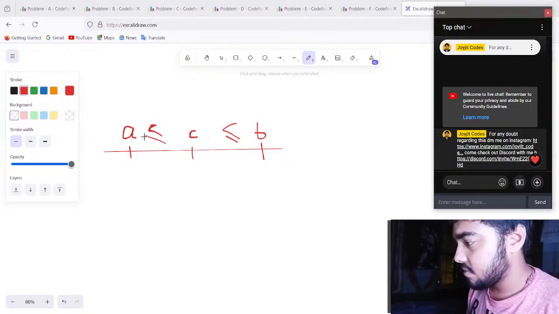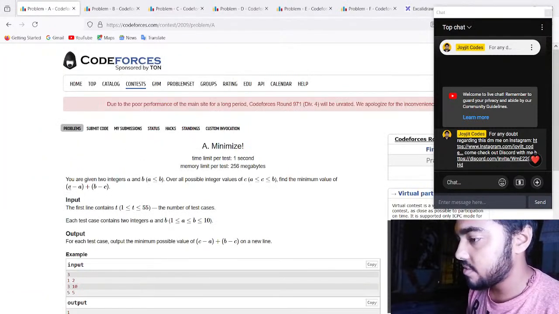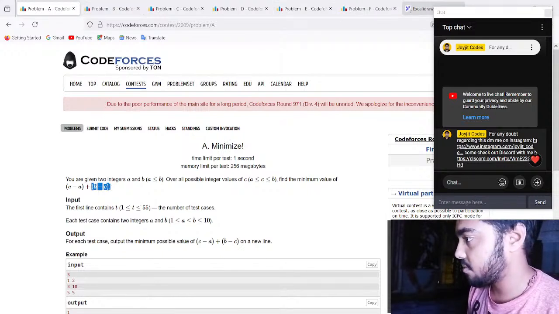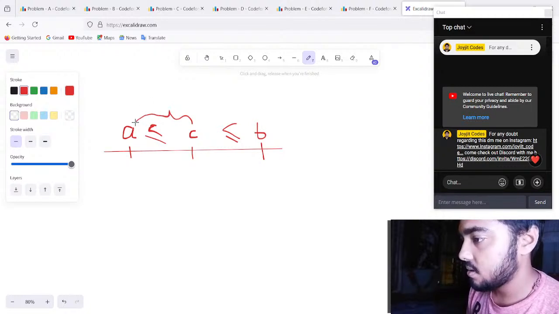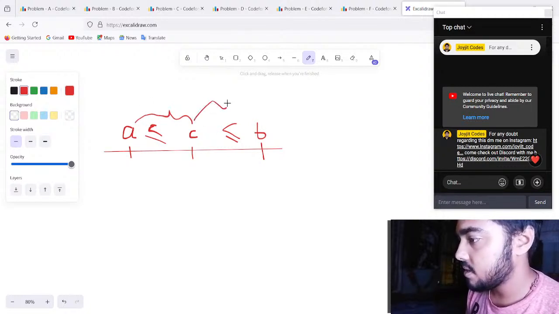So A and B, we know the values, and this is the value of C. Now it was given in the question that we have to minimize the value of C minus A plus B minus C, the addition of both of them. C minus A is basically this part, and B minus C is basically this part.